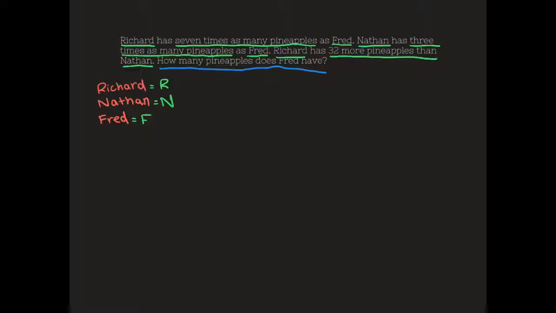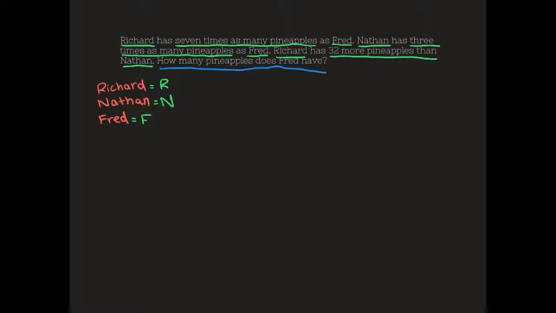Now, let's get into the problem. What we have to do is set up a bunch of different equations, and that will allow us to find what certain variables equate to. Richard has 7 times as many pineapples as Fred, so Richard has more pineapples.